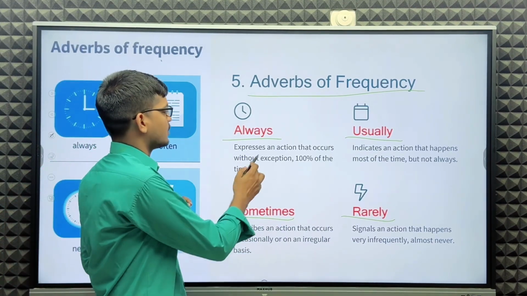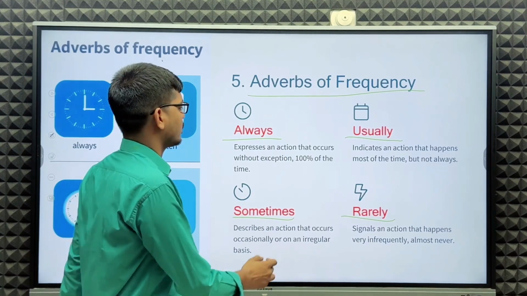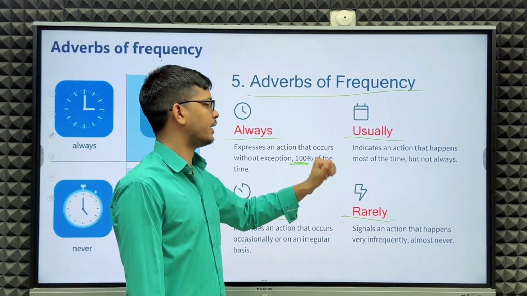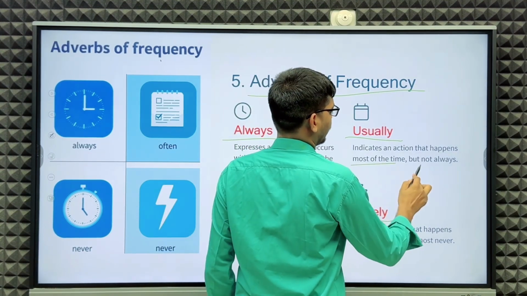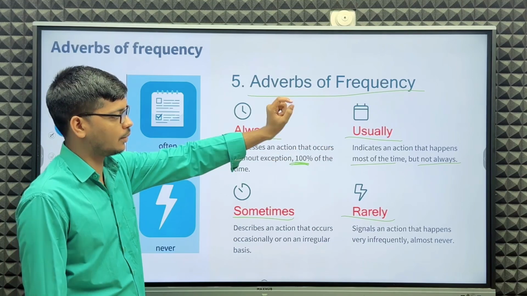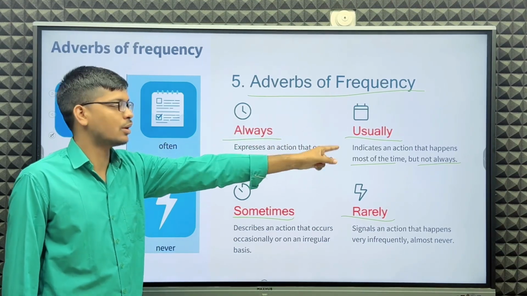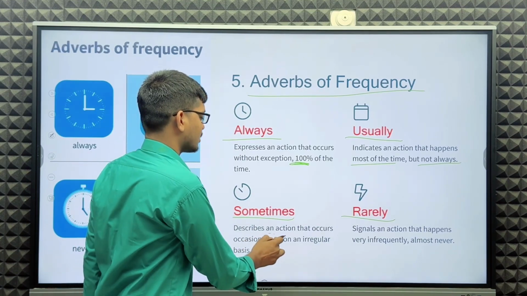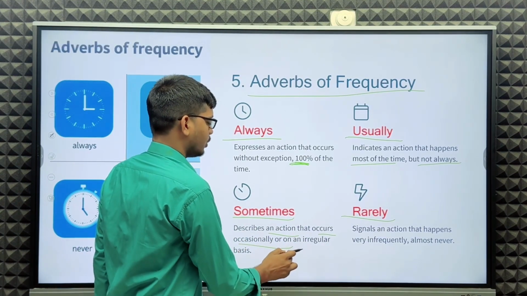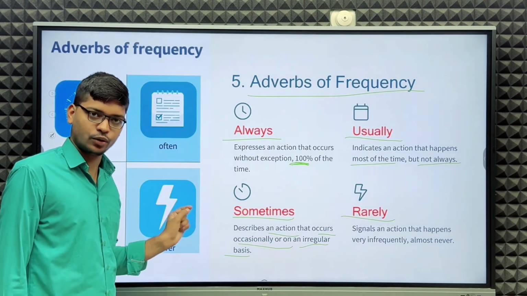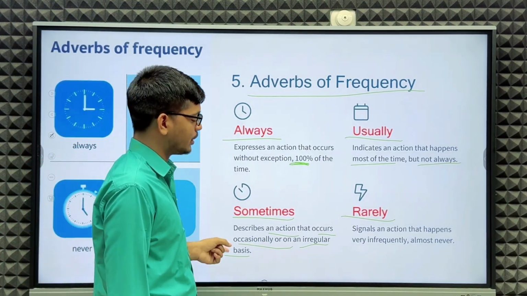Always expresses an action that occurs without exception, 100% of the time. Usually indicates an action that happens most of the time but not always. Even then we can use simple present tense. Sometimes describes an action that occurs occasionally or on an irregular basis. Even then we can use simple present tense.